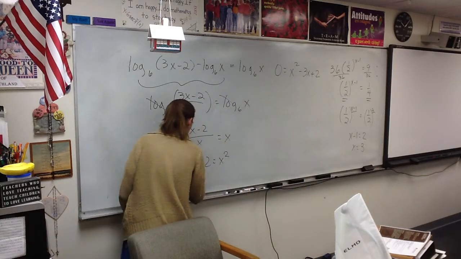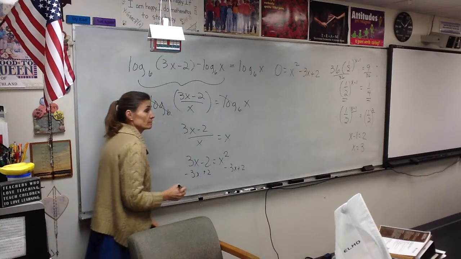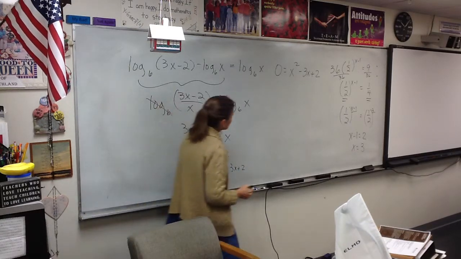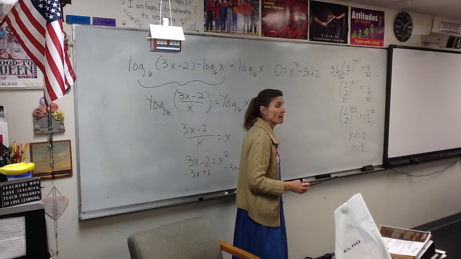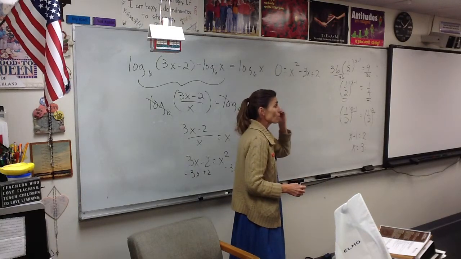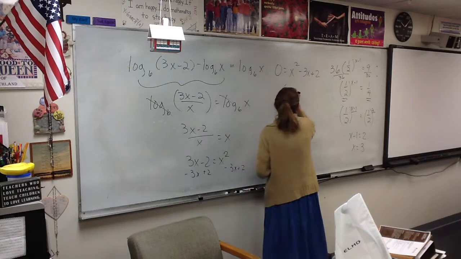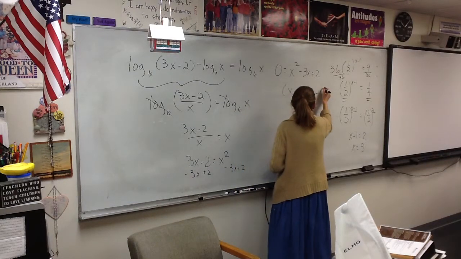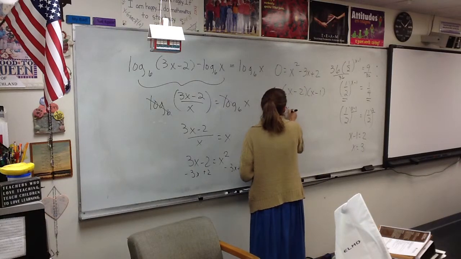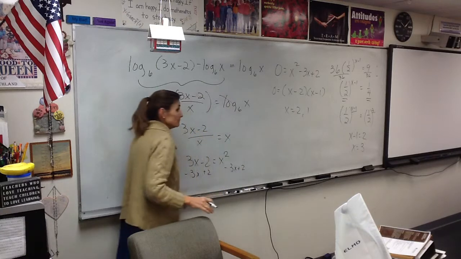I'm going to subtract the 3x and add the 2. What do you want to do with that quadratic equation now? You can complete the square, you can use the formula, and you can factor it. This one has all options. It factors pretty handily. So my answers are 2 and 1.